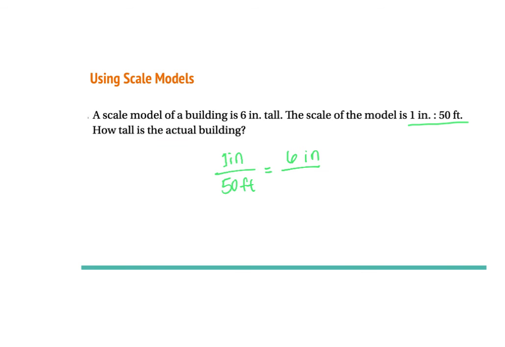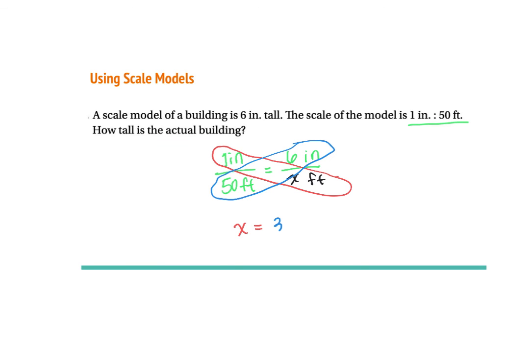So we're going to put 6 inches over x, and what we're trying to figure out is x in feet, because we want to know the actual height of the building. All we do is we cross multiply, okay? And once we do that, it's going to be x equals 50 times 6, which is 300. So it's 300 feet. Okay, the building is 300 feet tall.